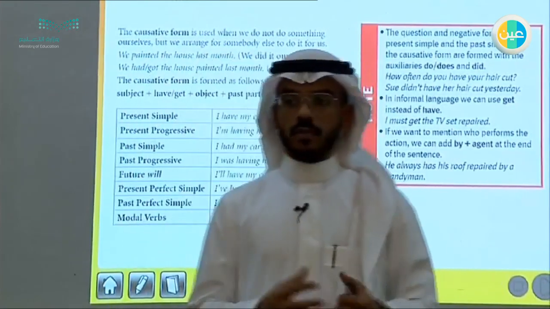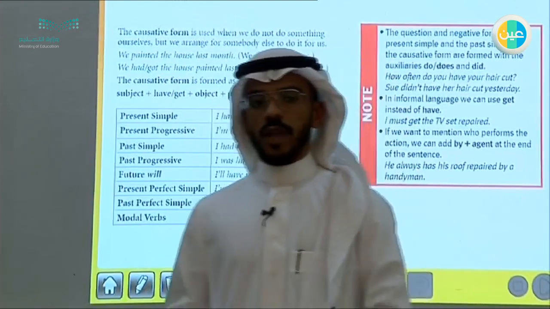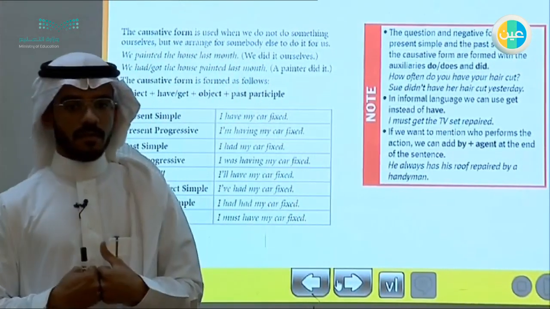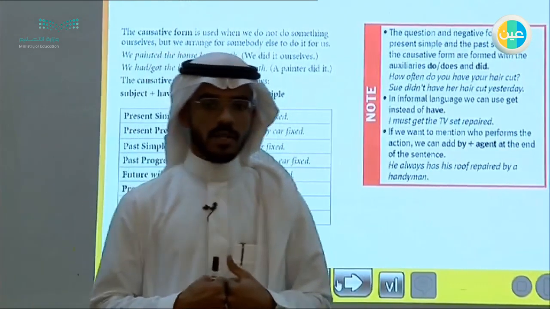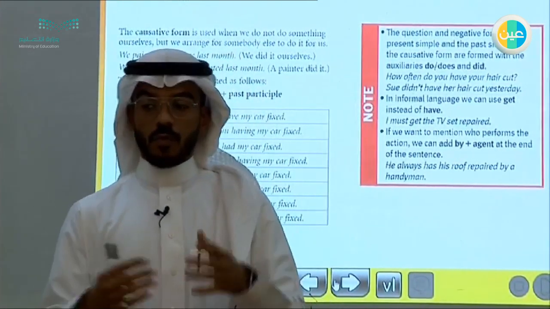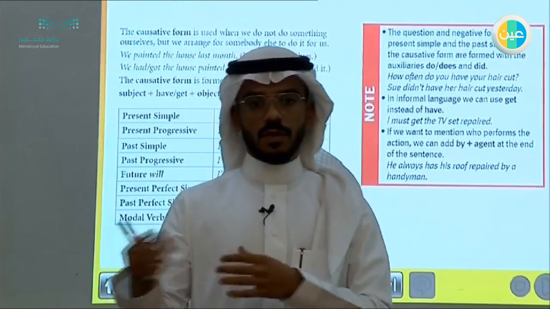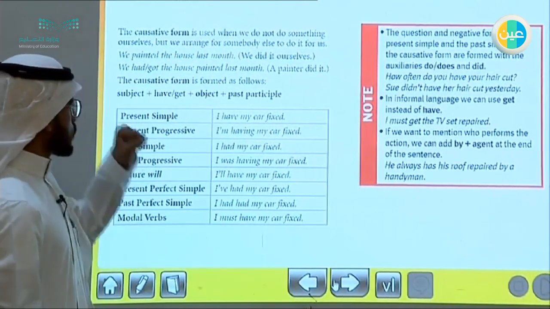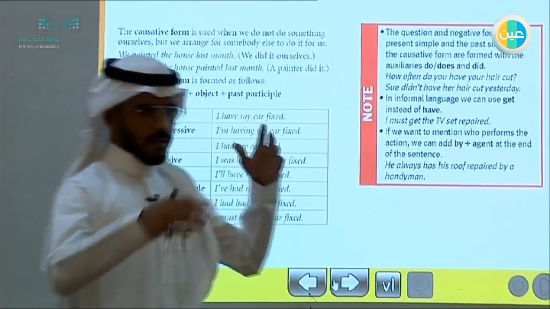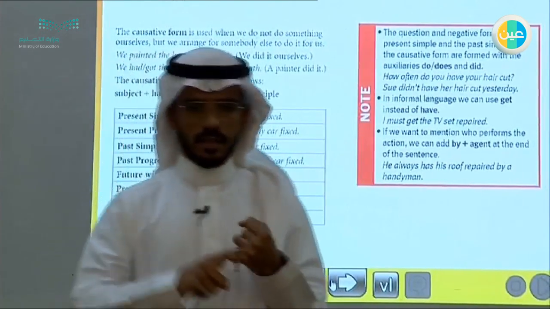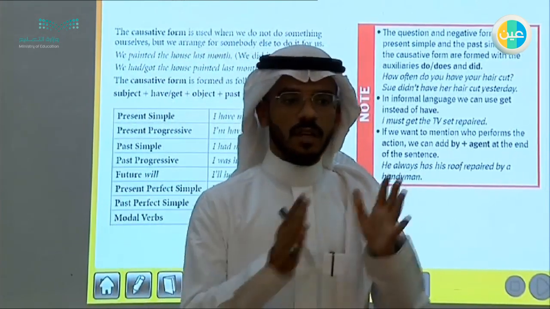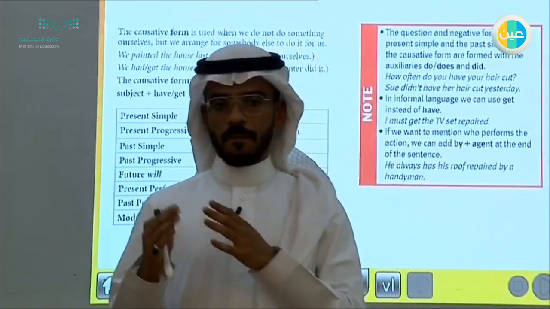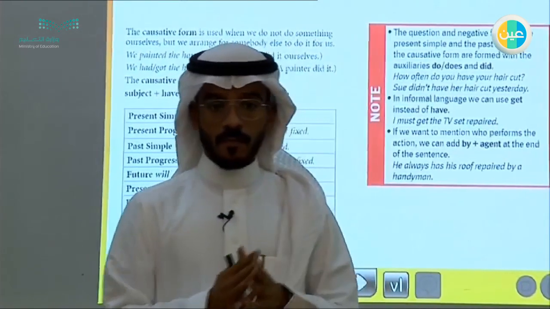We use the causative form when we don't do something by ourselves, but we arrange for someone to do it. For example, I washed my car. أنا غسلت سيارتي.